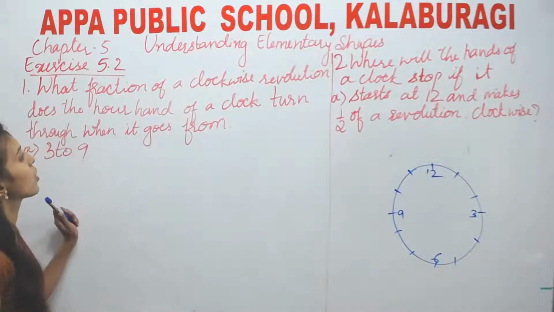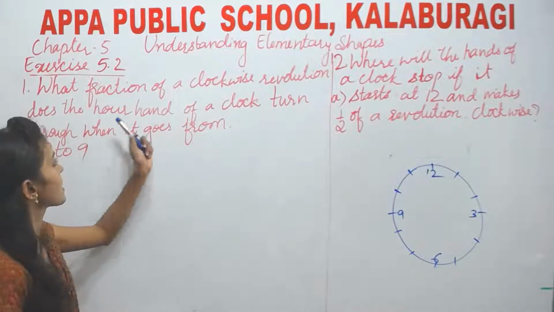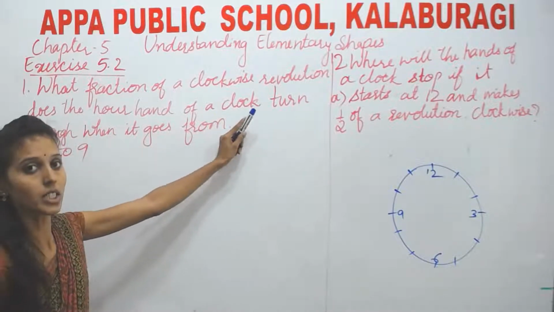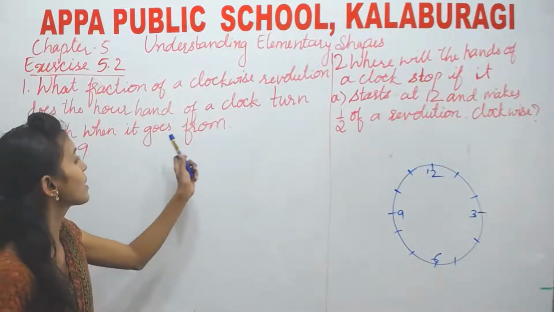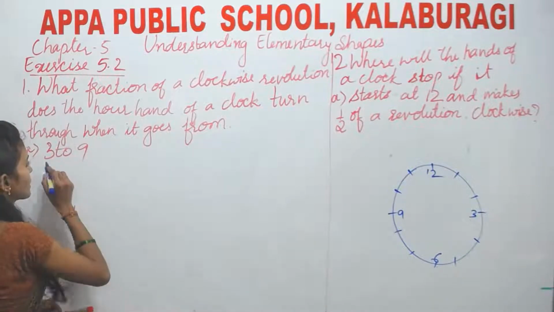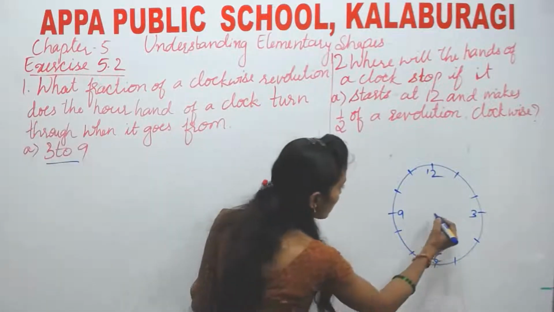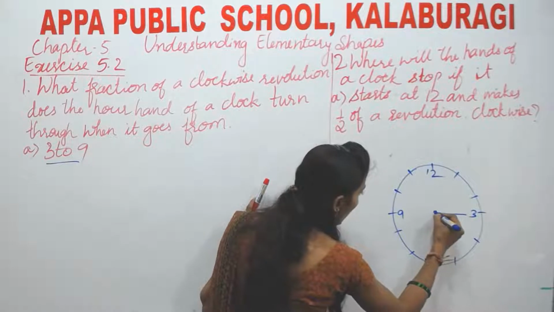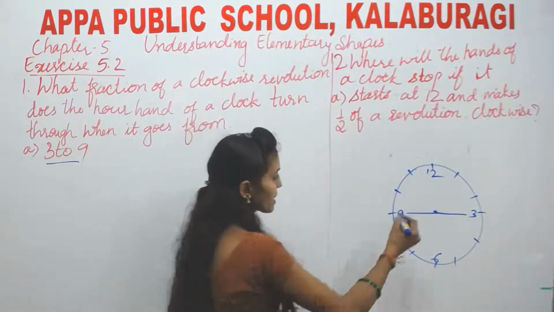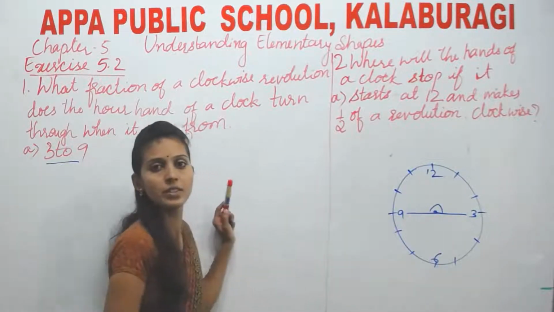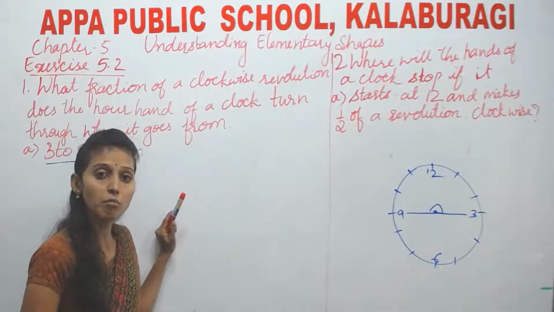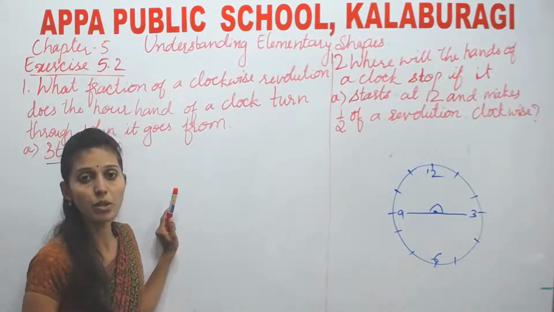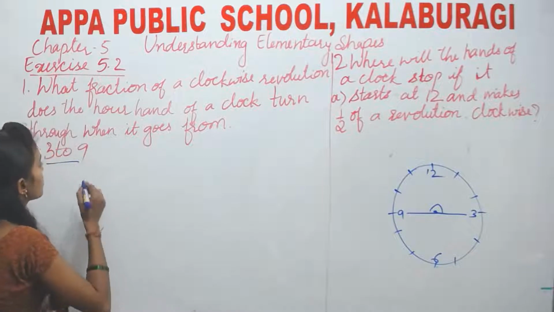What fraction of a clockwise revolution does the hour hand of a clock turn through when it goes from 3 to 9? From 3 to 9. So it's a straight angle, right? It's a straight angle. That means how many part of revolution? 2 right.